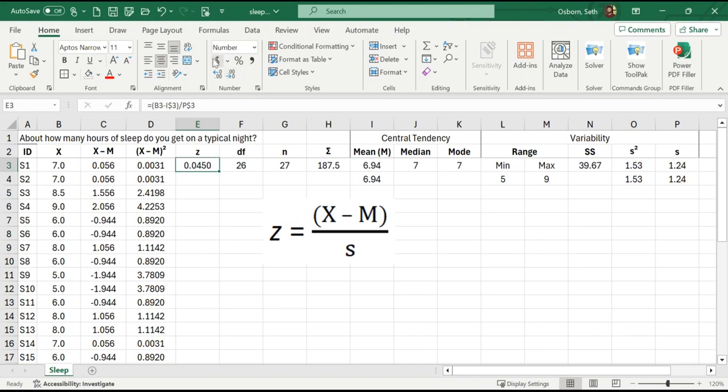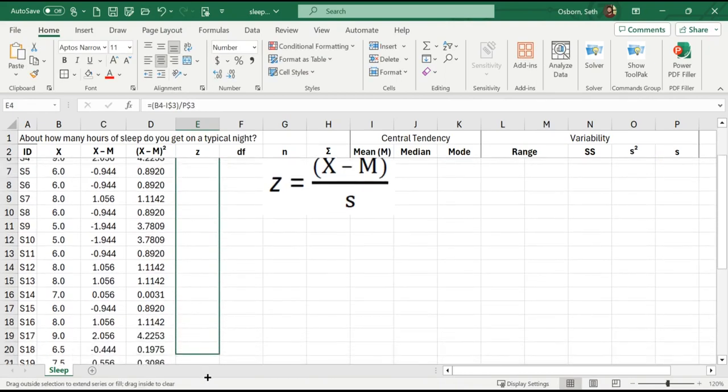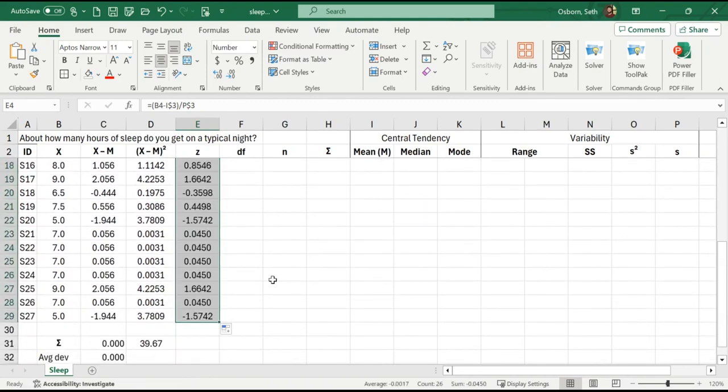That's fine. Now notice whenever I drag this down, the first term is moving down to the next row, but we're sticking with the mean and the standard deviation right where they belong. Okay, so let's drag this down for all of them. There we go.